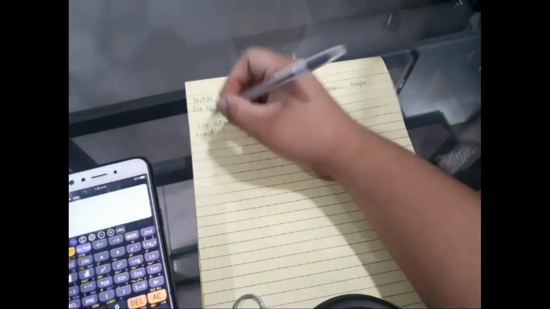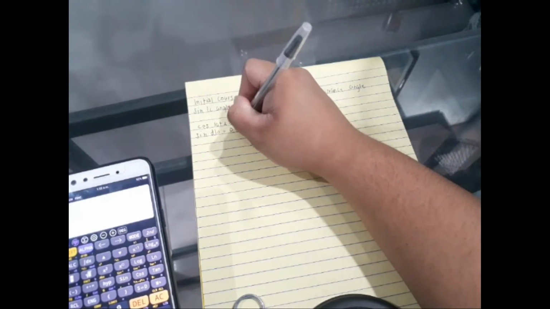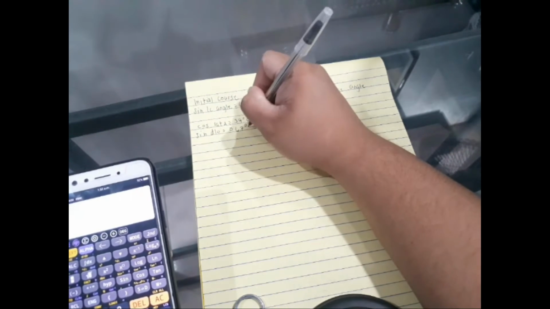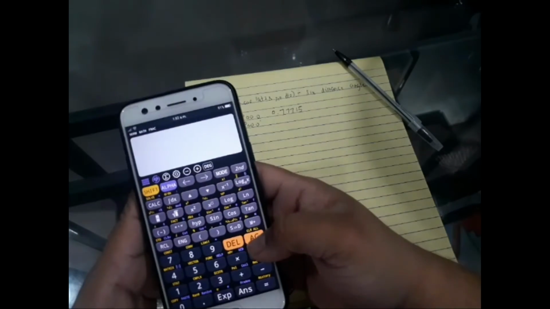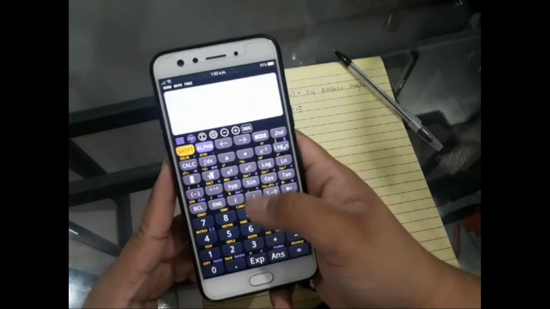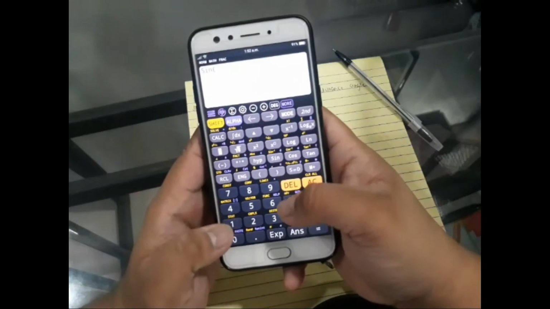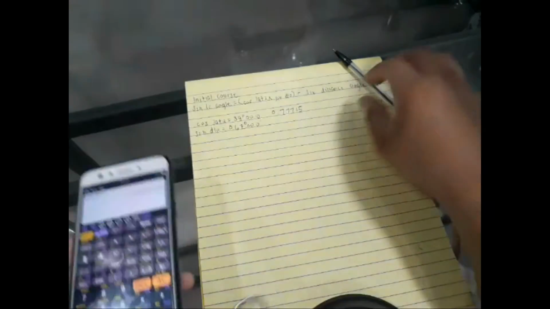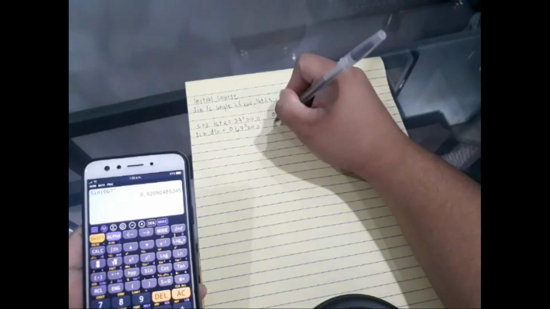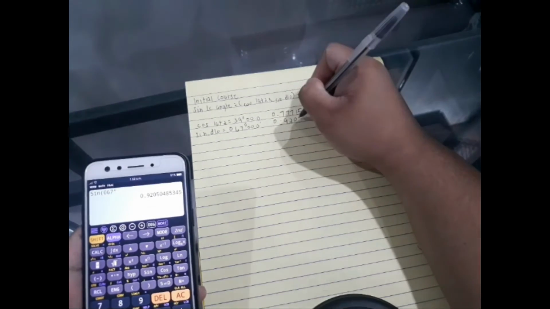The sin dlo is 67 degrees. So we're just gonna solve it. We write the sin, and 67 degrees is equals to 0.92050.